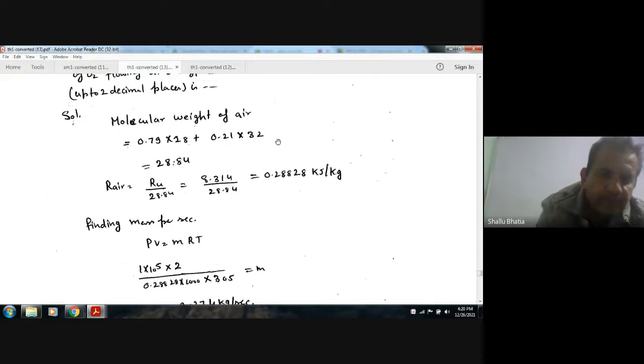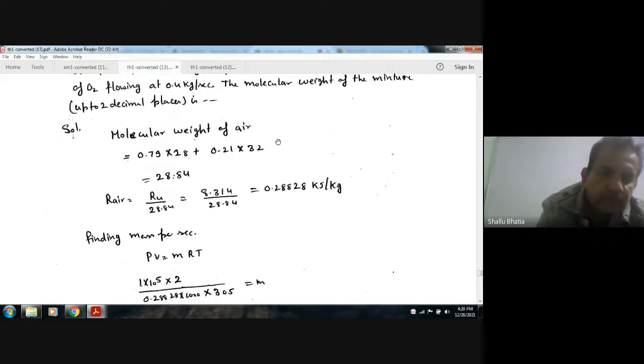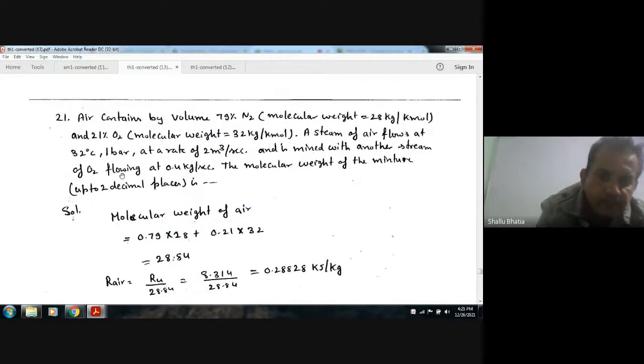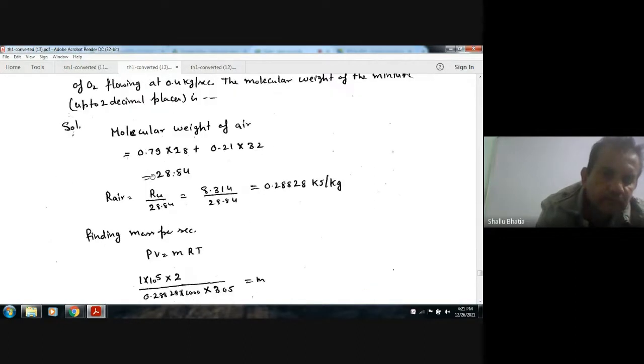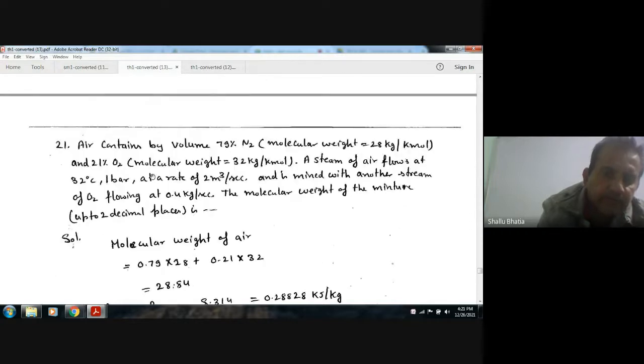Now, we have R air. A stream of air flows and is mixed with another stream of O2. The mass of air we can find out, where the pressure of the air is 1 bar, volume flow rate is 2, and temperature is 32 degrees Celsius.